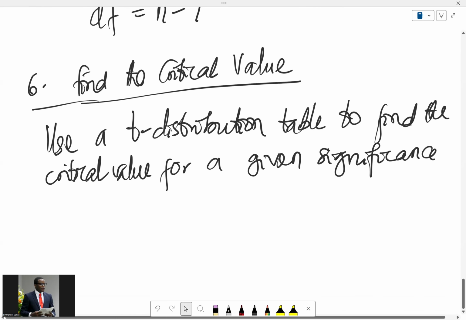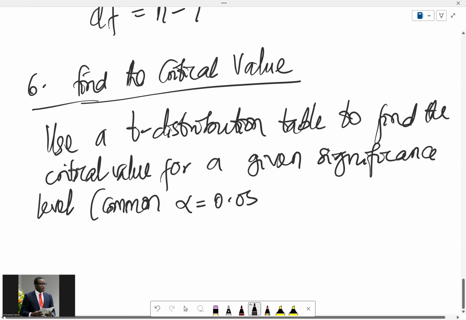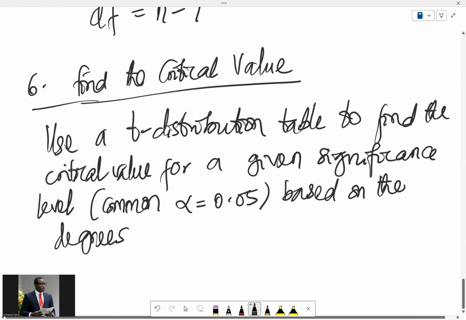The smaller the significance level, the stricter your test, so to speak. Commonly you use alpha equals 0.05, which means you are allowed a 5% chance of error. If it is 0.01, you're only allowed a 1% chance of error. Of course, you have to base that on the degrees of freedom, which you found earlier in step 5.